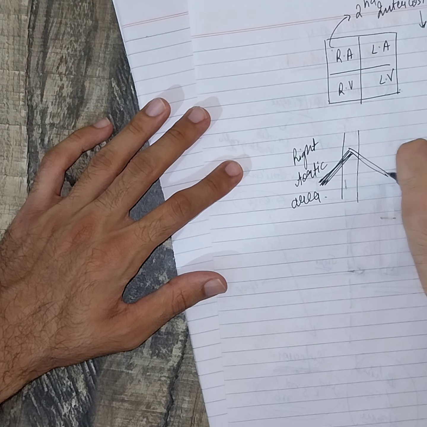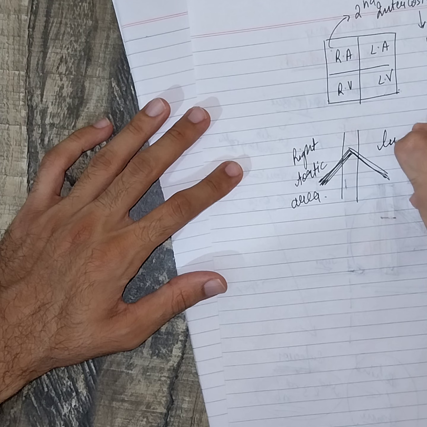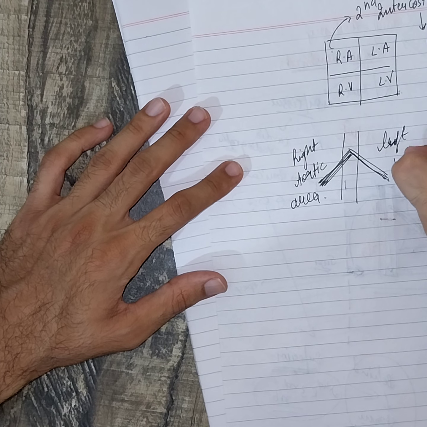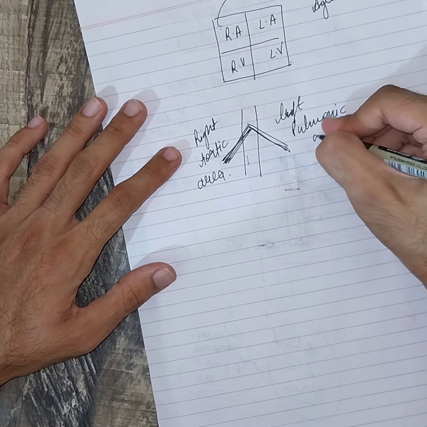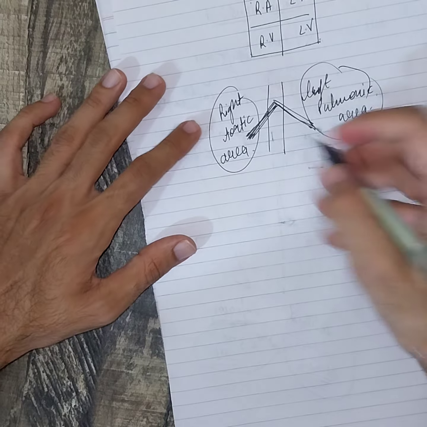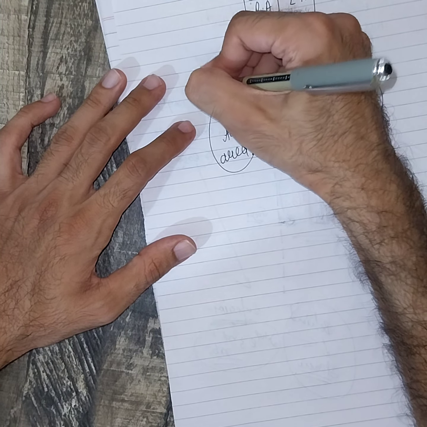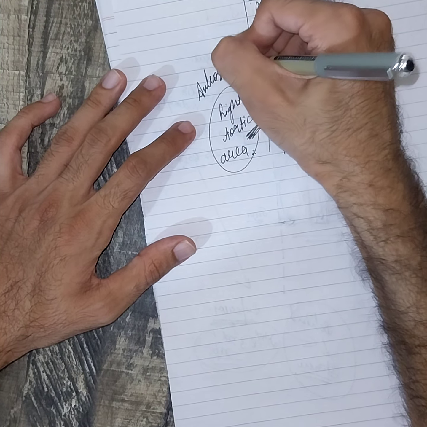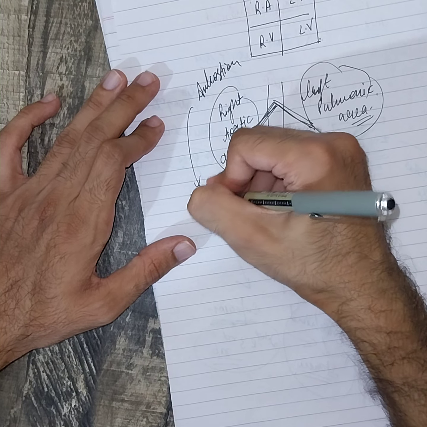And toward the left side, it is called the left pulmonary area. So what is the importance of this right aortic and left pulmonary area? It is basically for auscultation, or for considering the heart sound.